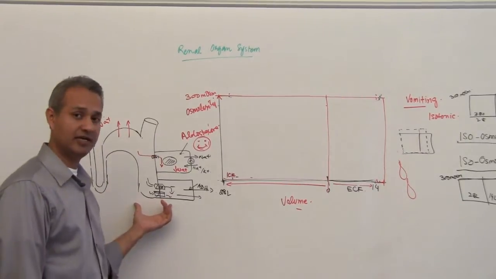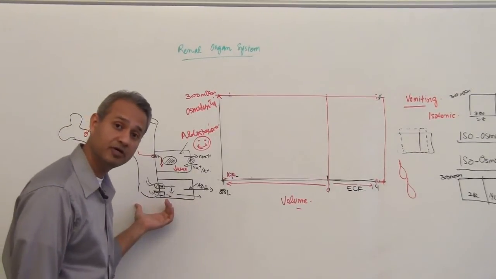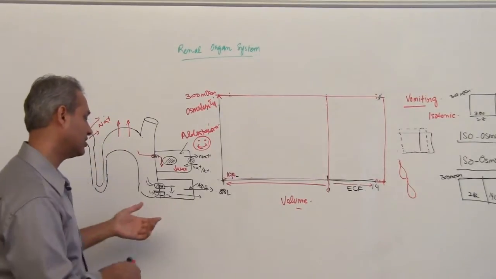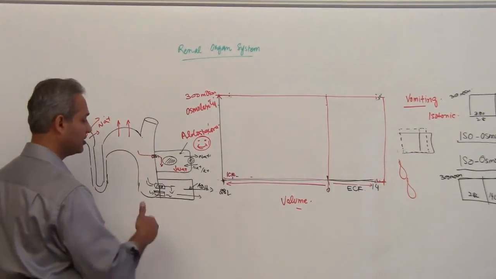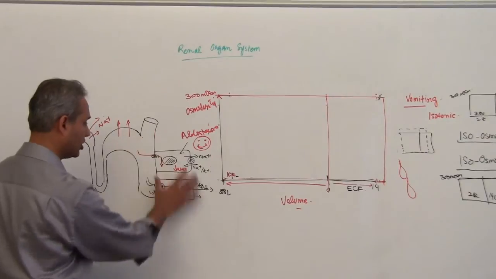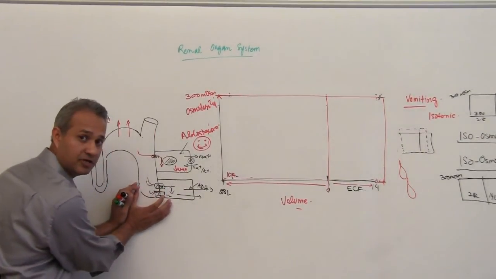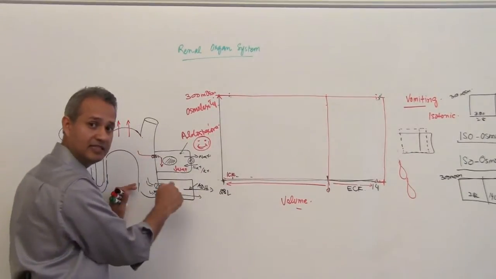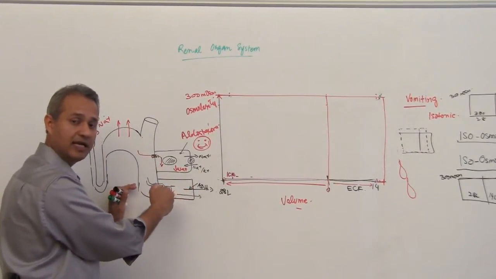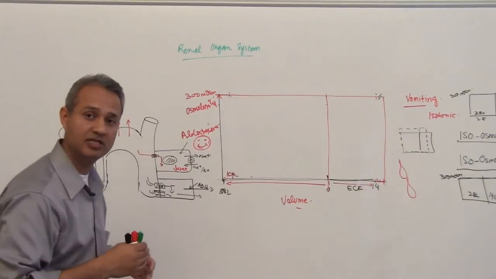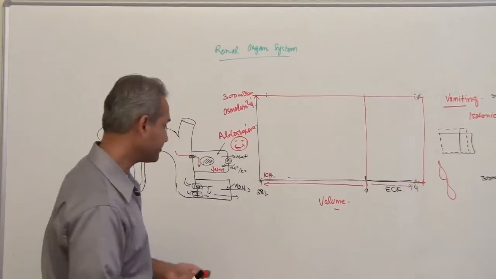This portion is really related to the concentration of the urine. Again, this is not a renal lecture right now, but our next lectures are renal, and we will talk about these things in more detail. When the ADH acts over here and pulls the water back, this is really not water conservation, but it is for the urine concentration.